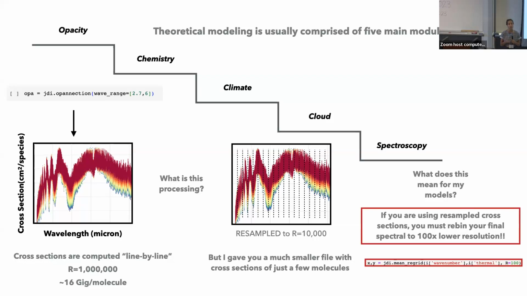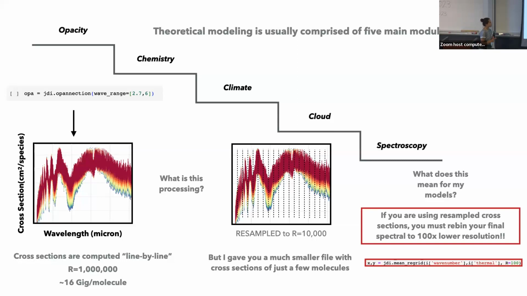But if you're really interested in pairing your models to higher fidelity data, especially at higher resolution, it's really important for you to think about what cross-section file you've downloaded. And if you go to the PICASO documentation, there are different sorts of opacity files available on Zenodo for you to download, depending on what you're interested in modeling, depending on what resolution your data exists at.